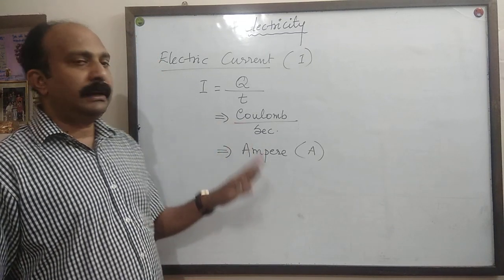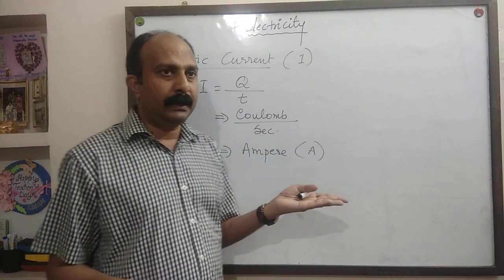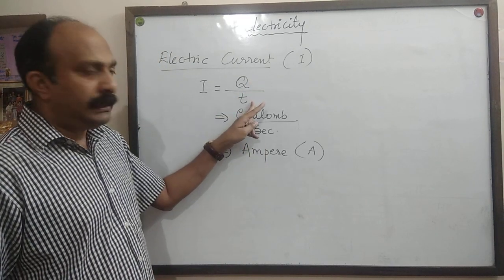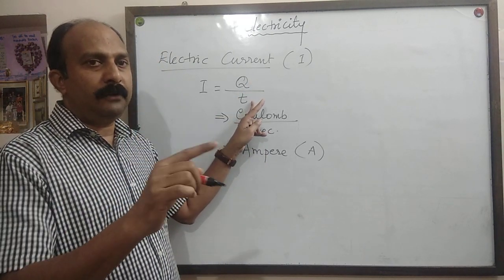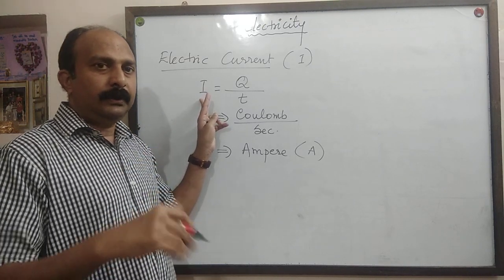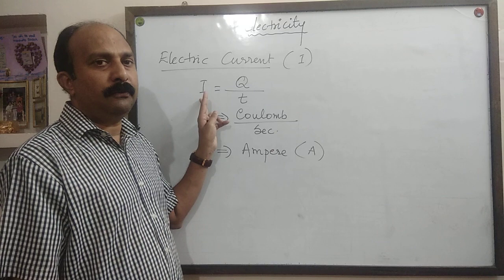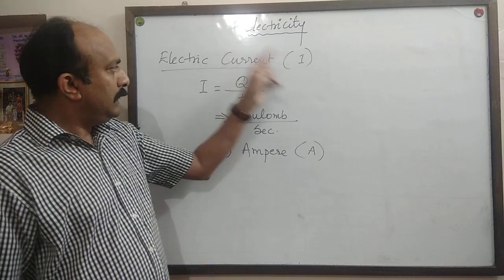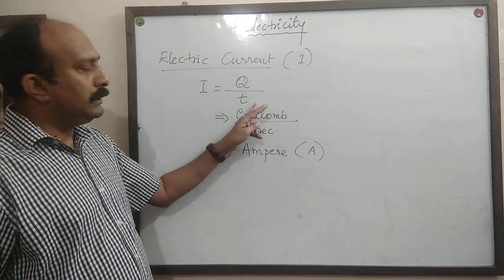So once again we can define 1 ampere. Now what is 1 ampere? When Q and t are given the values 1 and 1, then I will also become 1. This is the way to define 1 ampere or anything in 1 in physics. In that formula, make all the things 1.